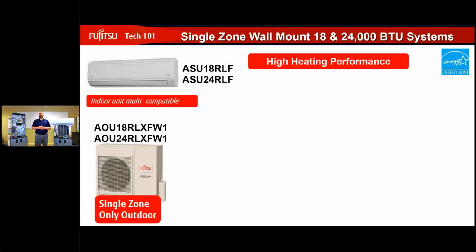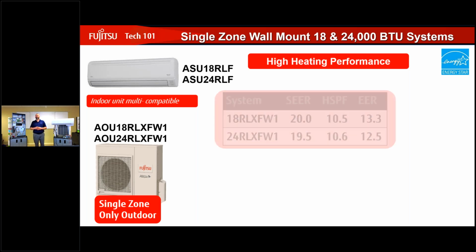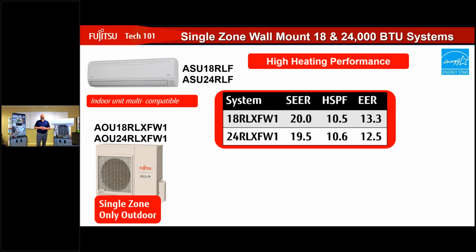And now we're getting into our larger wall mount units, the 18 and 24,000. These are large single zone wall mounted units. As we start to get into the larger sizes, we start to lose some of that capacity. Same thing as with standard unitary equipment, but these still are Energy Star pieces of equipment, because you can see there we're above 18 SEER and 10 HSPF.